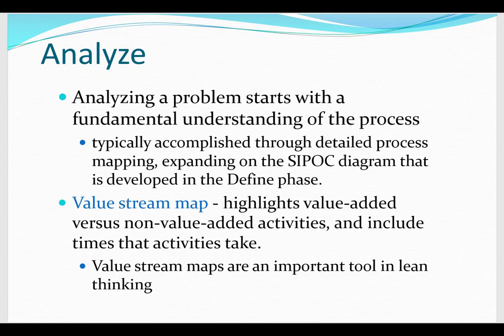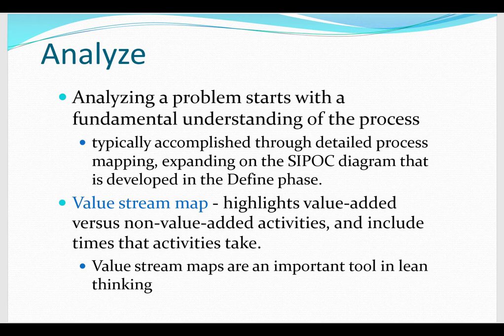In the analyze phase, we must start by understanding what the problem really is. Again, this is where an expanded version of SIPOC can be helpful, or maybe even an expanded process map, which we generally call a value stream map.